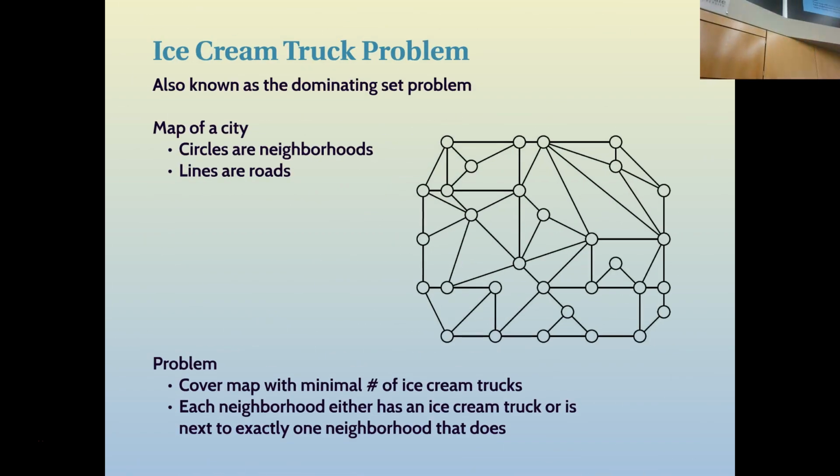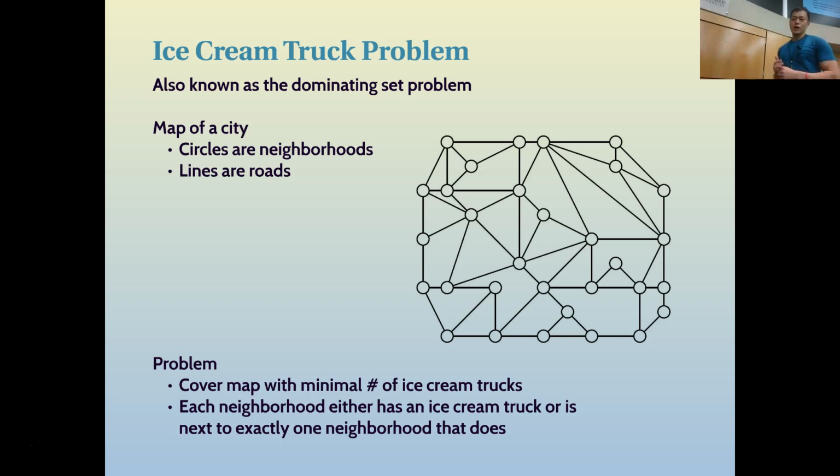The other name for the ice cream truck problem is the dominating set problem. You have a graph, and for example, we'll take a map of a city, and in this map, you have circles, which are neighborhoods of the city, and you have lines, edges, that are roads in between the neighborhoods.